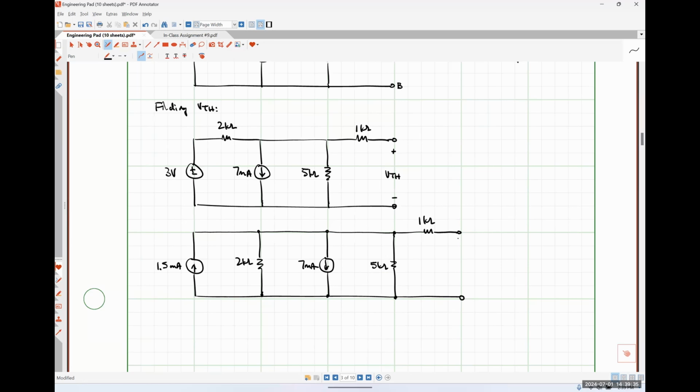All right, now that we've done that source transformation, how do we find that voltage? We'll combine current sources, convert back into a voltage source, and then we can probably solve from there.